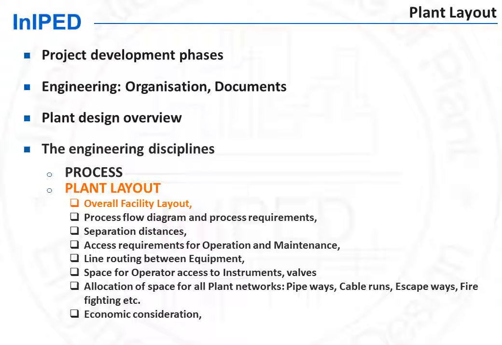An oil and gas facility comprises process units, utility units, as well as off-sites such as storage and offloading, fire station, control room, and office buildings.